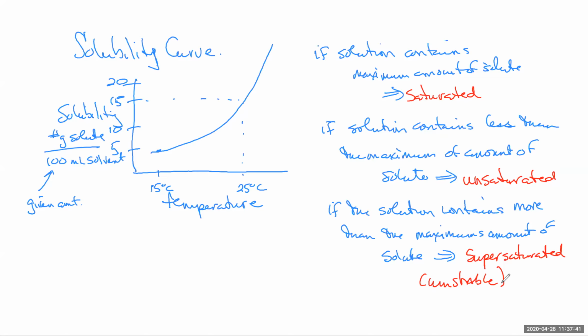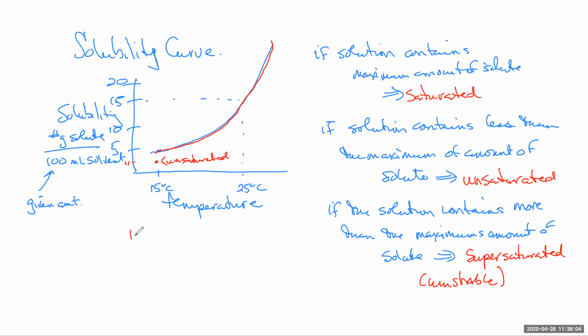So where on this graph would these things fall? So if this line is telling me how much can dissolve, if I'm underneath that line, if I have a solution that at 15 degrees only has 4 grams of solute in it, it's underneath, below the solubility curve, this solution would be unsaturated.